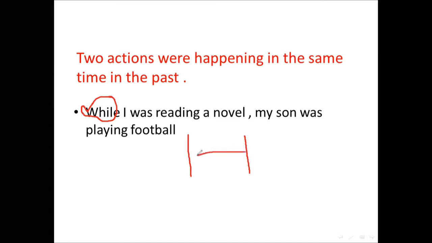Now these two actions were happening at the same time. One was reading, another was playing. Okay. Now two actions were happening at the same time in the past, and while is always followed by a continuous verb, the past continuous. In the second part, we can use past continuous here to indicate that two actions happened at the same time.